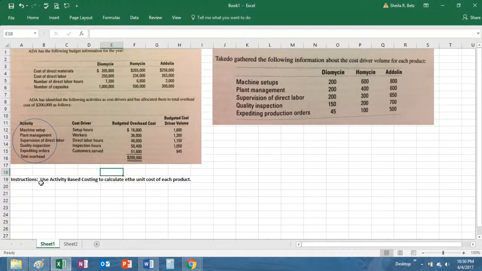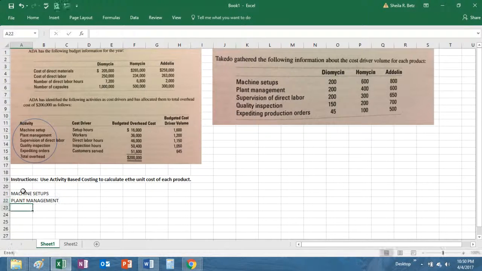So we're going to end up having various cost pools or categories of these overhead costs, and instead of a single PDOR rate, we're going to have multiple rates. Each cost pool is going to have its own PDOR.